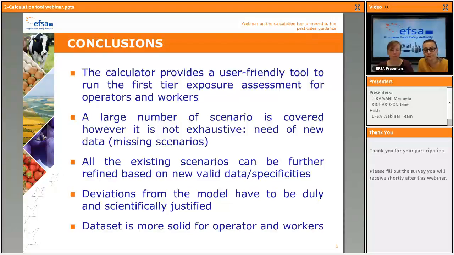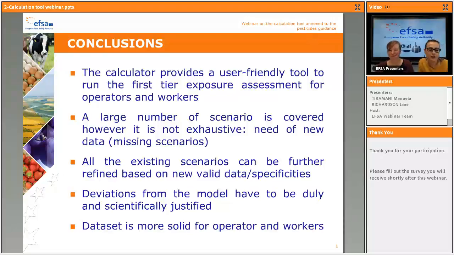And also an important point we wanted to raise is that the existing scenarios can be further refined if we have new data. Jane was very clear in clarifying which default values can be changed if needed.